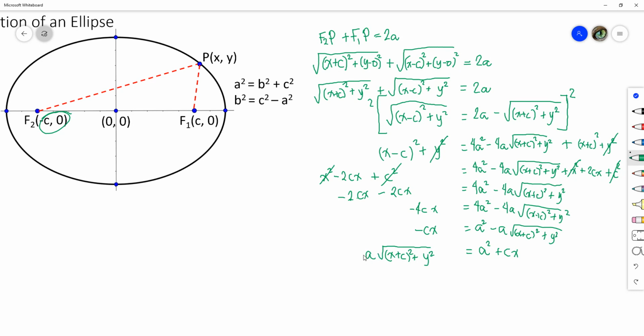So we can square both sides. Okay, squared both sides. So here we could have a squared times, since this is a square root, then we can get rid of the square root symbol. So what remains is we have, let's erase the parentheses. Let's use bracket.